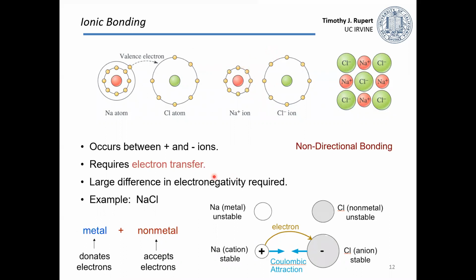Okay. As I mentioned before, this generally requires a large electronegativity difference. So if something wants to give up electrons, something has to want to accept it. And usually you'll see this in the metal wants to donate an electron. It's on the left side of the periodic table, and a non-metal wants to accept the electron, okay? On this bottom right is just showing before reaction and then after.